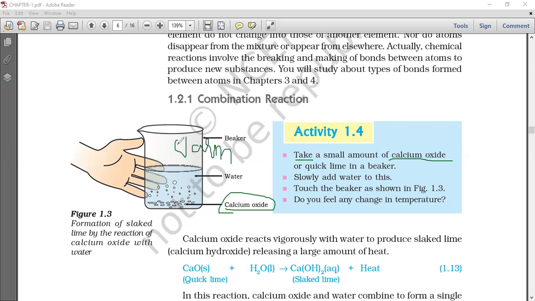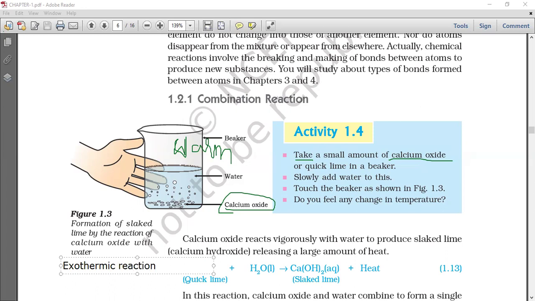Whenever in any chemical reaction heat is released, warmness is nothing but heat produced. You remember the formation of slaked lime. Such types of reactions are known as exothermic reactions.